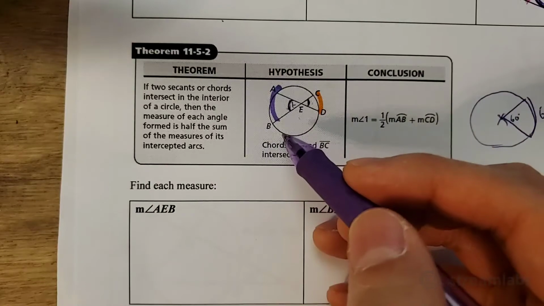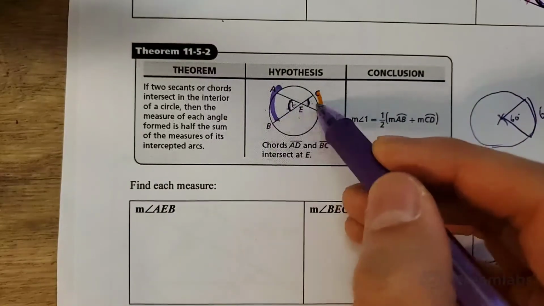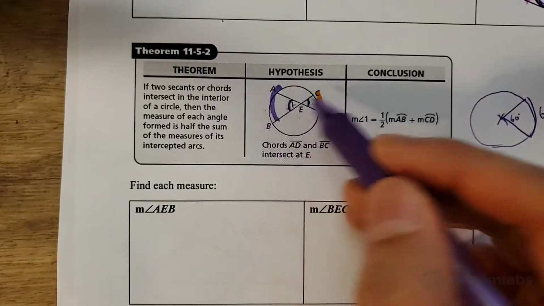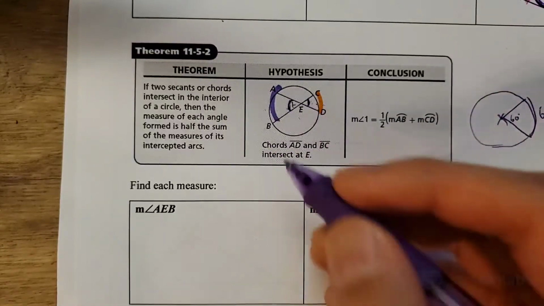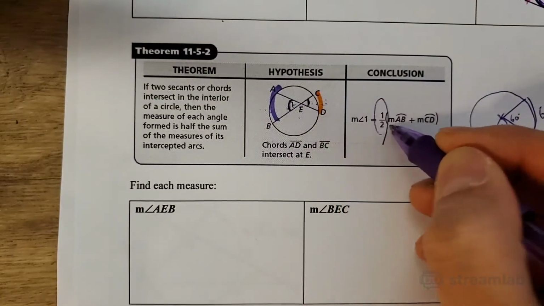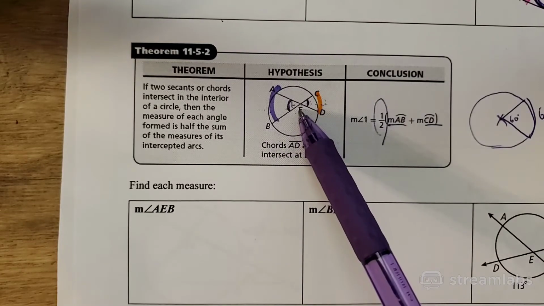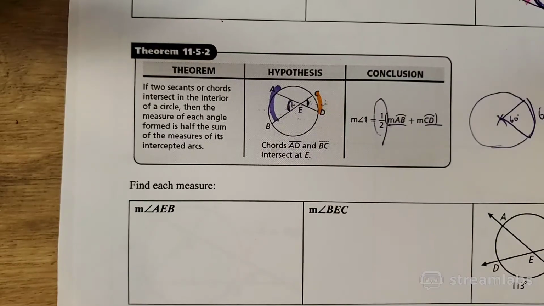So the actual relationship is, because you're in the middle and you cut through two arcs, instead of making it equal to each other, I want to take some from each one. So you just average them. So it's 1/2 this plus this. Okay? So just average them. Makes sense, right? In the middle. So the measure is in the middle.